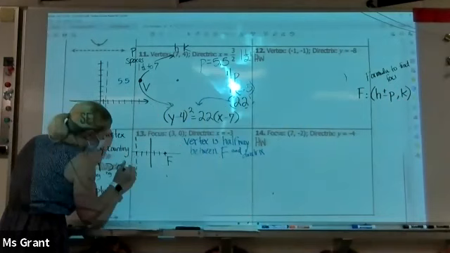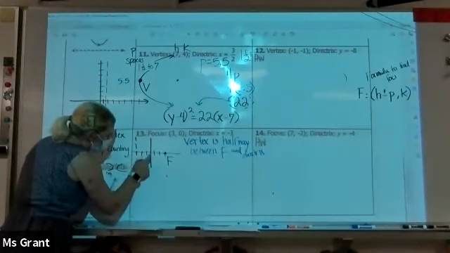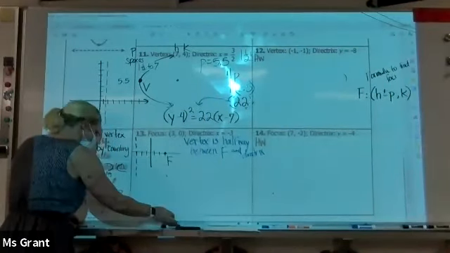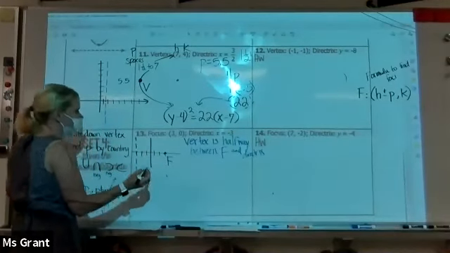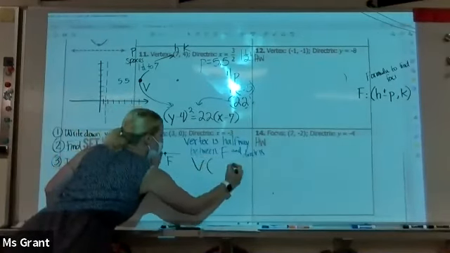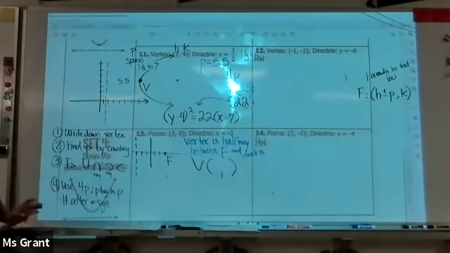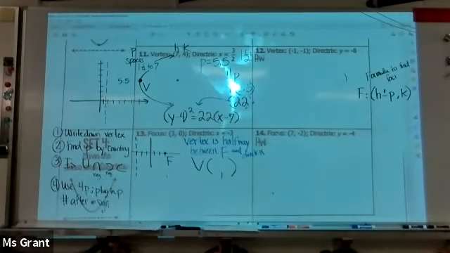All right, 1, 2, 3, 4, 5, 6 spaces total. Half of 6. That means my vertex, what ordered pair is my vertex? Someone in class? What's the ordered pair of my vertex? Someone new in class? Yes, sir. 0, 0.